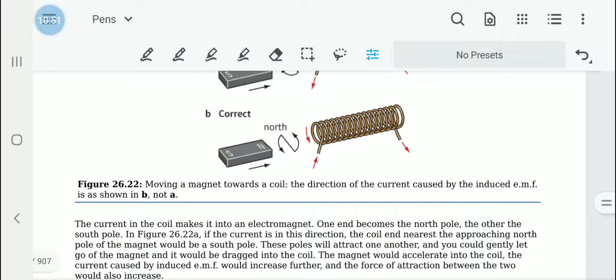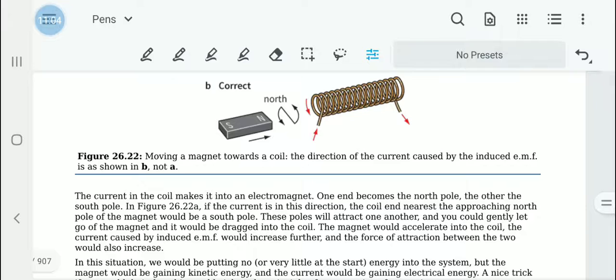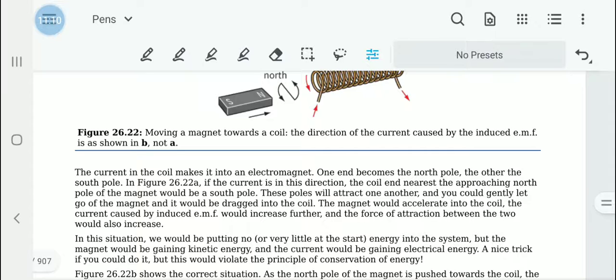Then if you let go of the coil, it would get attracted to the magnet. The magnet would also accelerate into the coil. There would be a force of attraction between the two, and that would continue to increase as they come closer.